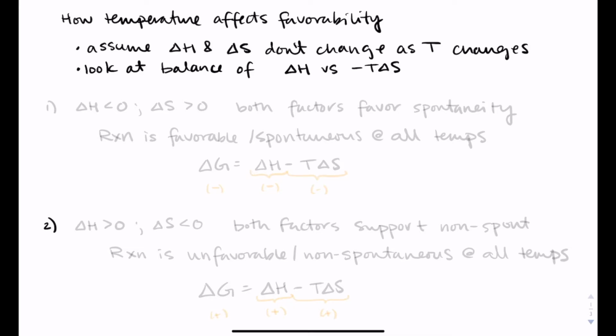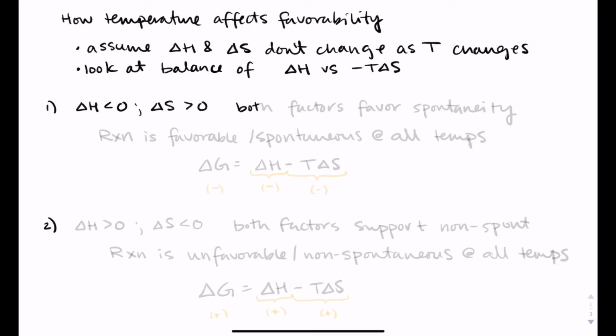What we're going to look at in these next four scenarios is the balance of delta H against minus T delta S. So you can see, the direction we want delta H to go to support favorability is negative. But delta S, to support favorability, we want it to be positive.